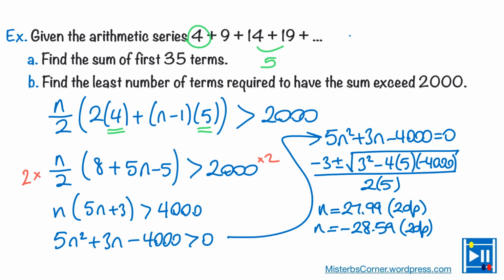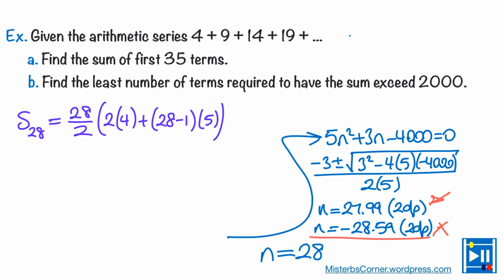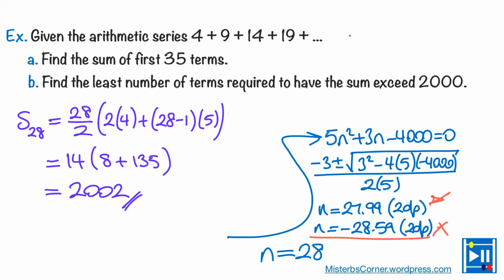Obviously, I can't pick the negative number, right, because n must be positive, and I should use this number to estimate that n must be 28. Now, if you try this in the calculation of the first 28 terms in sum, you will get 2002 as the sum, which is slightly bigger than 2000.